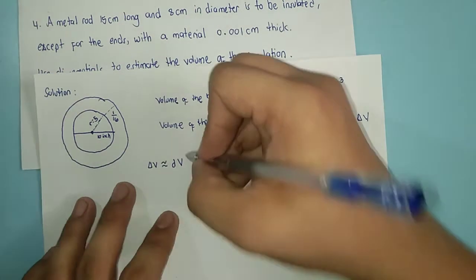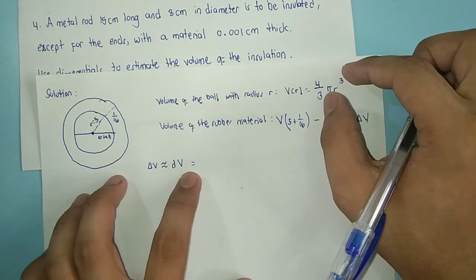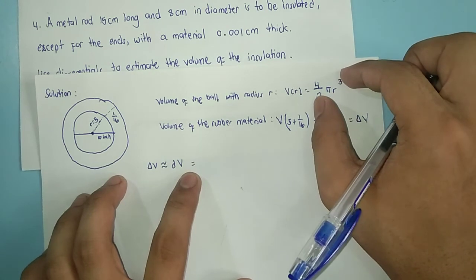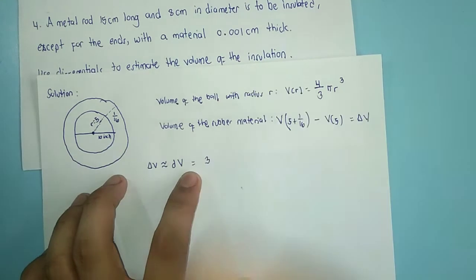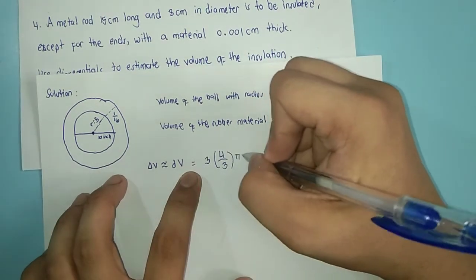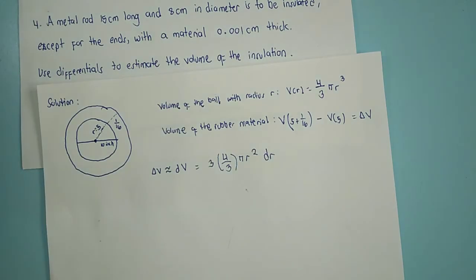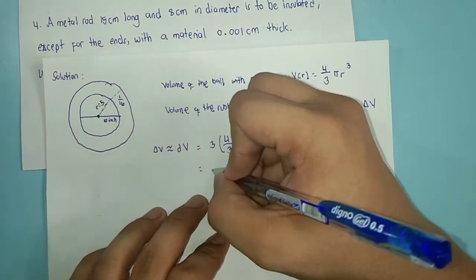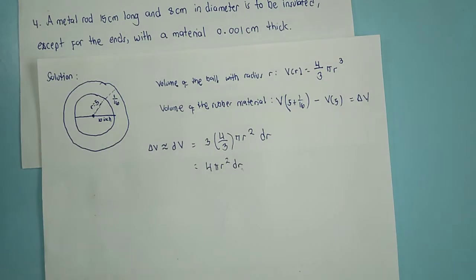So ang gagawin natin, kukunin natin yung derivative nito, that is 4 over 3 pi r squared dr. Now, this is equal to 4 pi r squared dr.